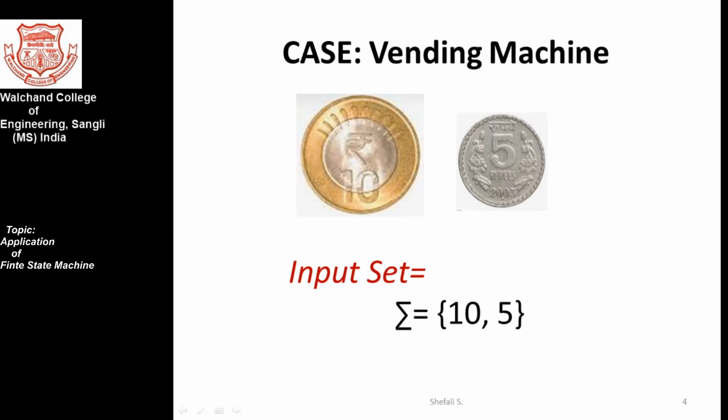Since these are the only two elements, we can consider that we have an input set, which is a finite set containing only two elements. Let 10 rupees be represented by value 10 and 5 rupees be represented by value 5. With this finite set only, now we need to move further.